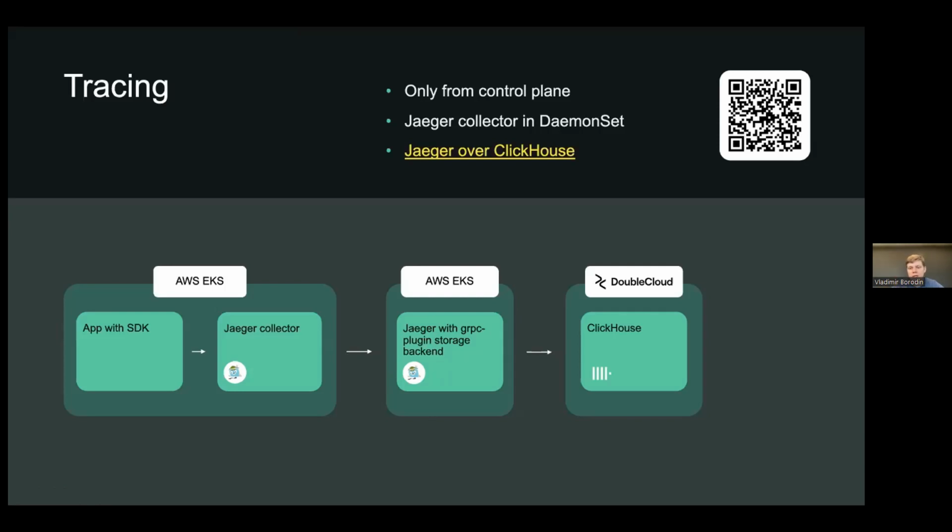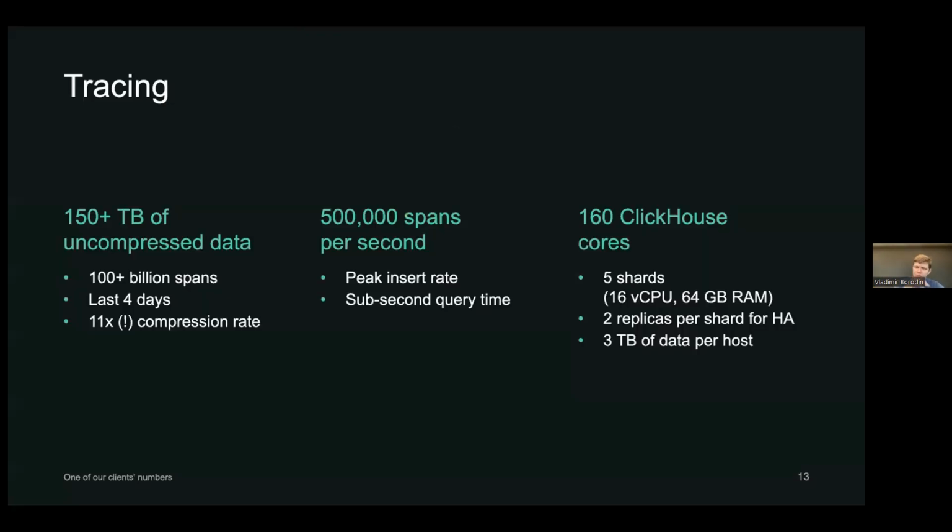That's one of our ideas. For that to be available, there is an open source project where we are heavily involved. It is called Jaeger over ClickHouse. That gives Jaeger the ability to store spans in ClickHouse. Jaeger supports different storage types, so this is one of the implementations.